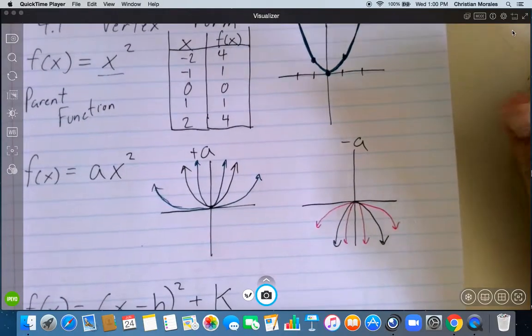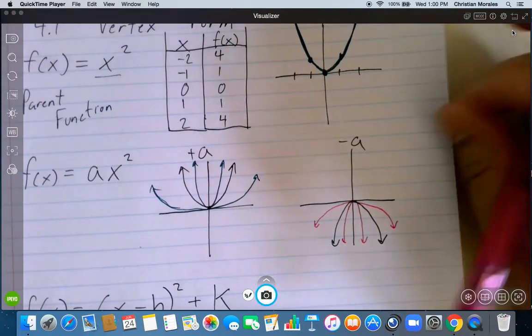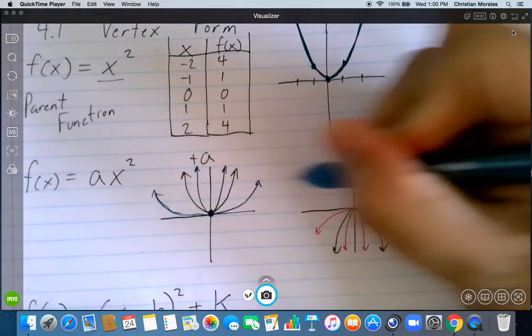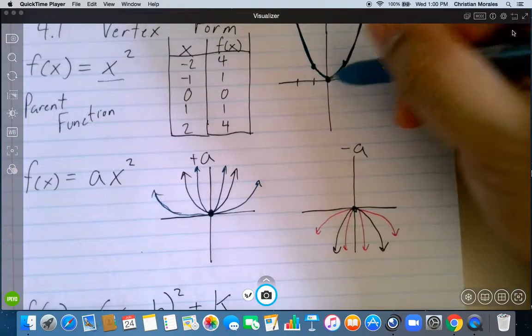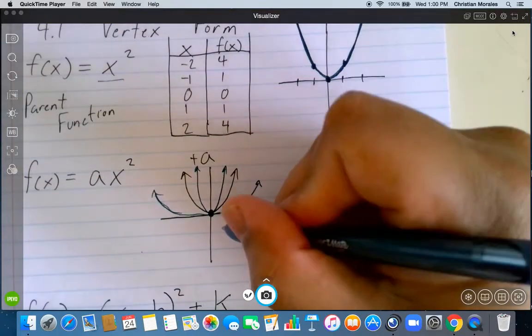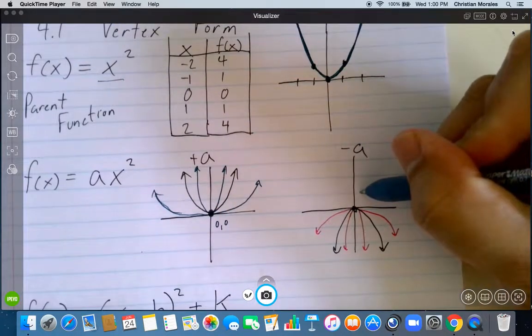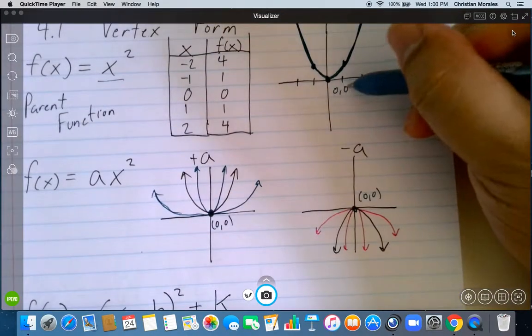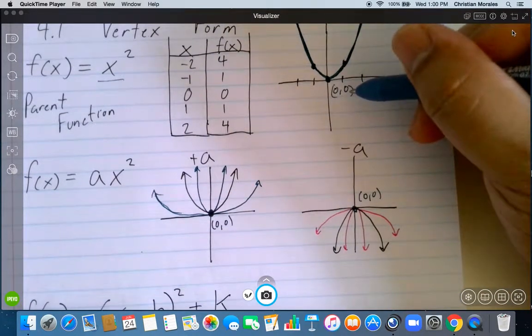Another way to change it is to change the center. Now, the center point for all of these has all been in the same place at 0, 0. All of them have the center at 0, 0. We call this the vertex. The vertex for all of these is at 0, 0. But you can change that point.